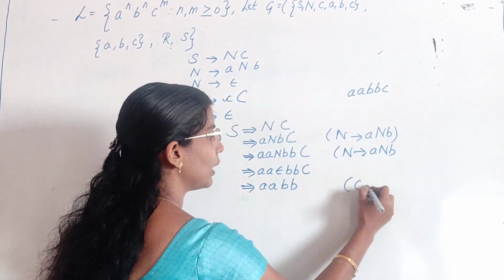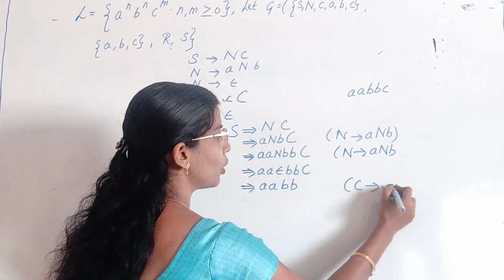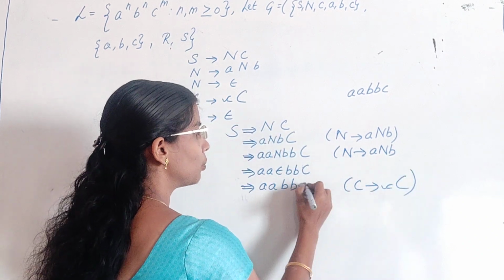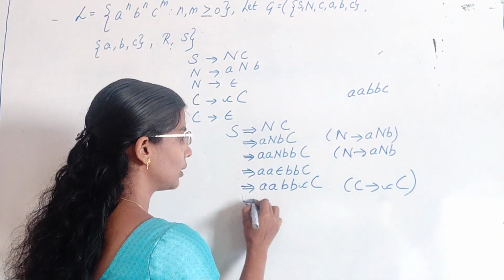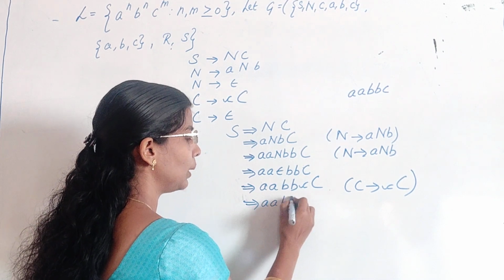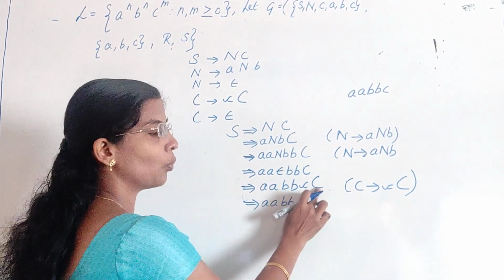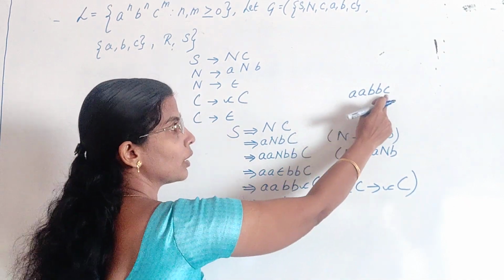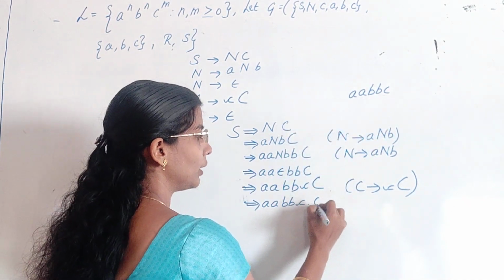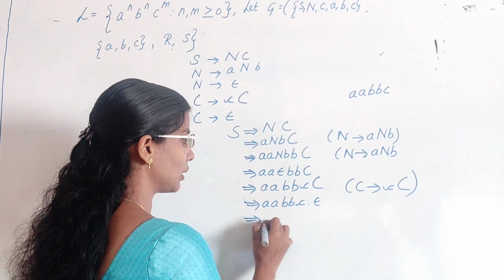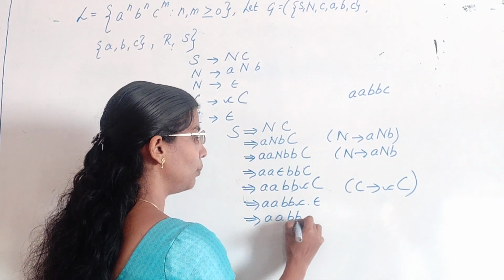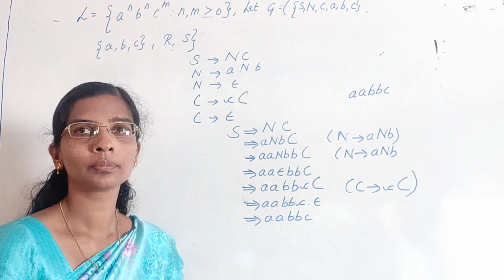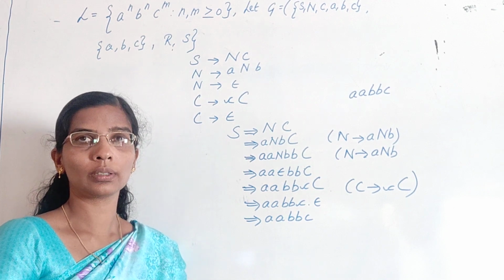So this C I replace with this production, small c, capital C. Right. A, A, B, B, c, C. Now what do I do with this capital C? Use this epsilon production because I need only one C. Right, C into epsilon, which is nothing but A, A, B, B, small c. Hope you understood it.